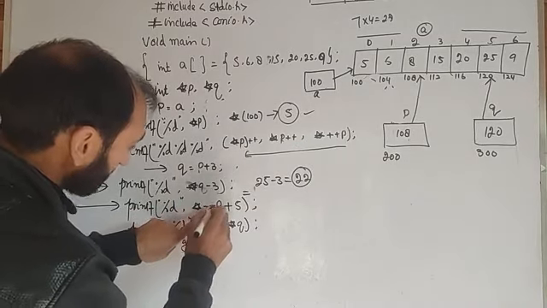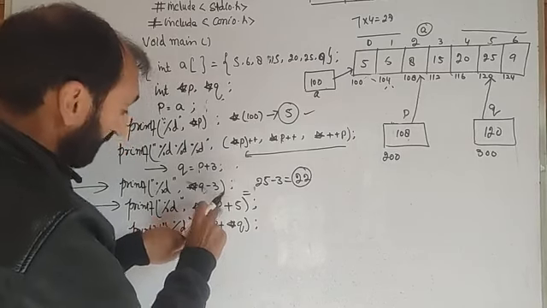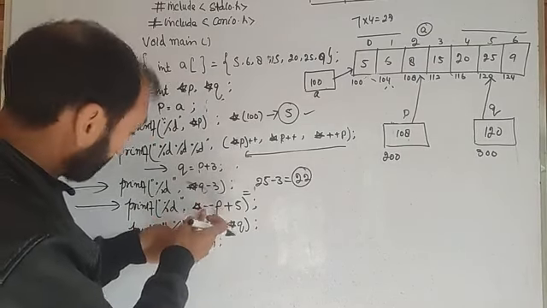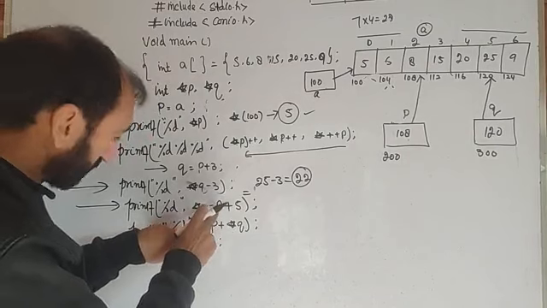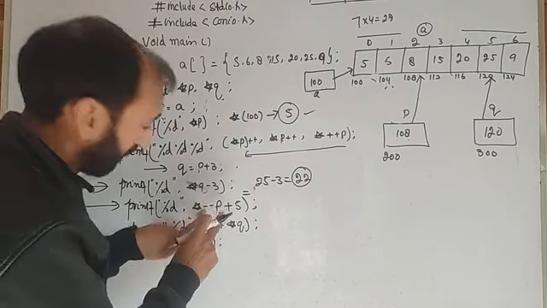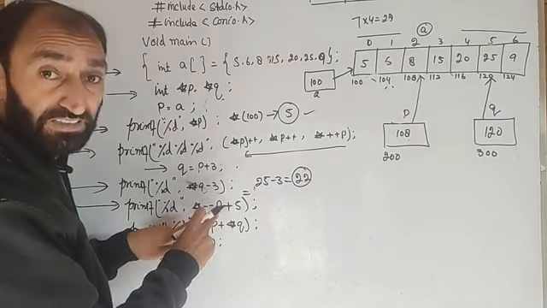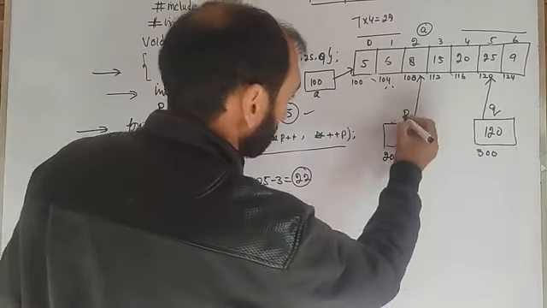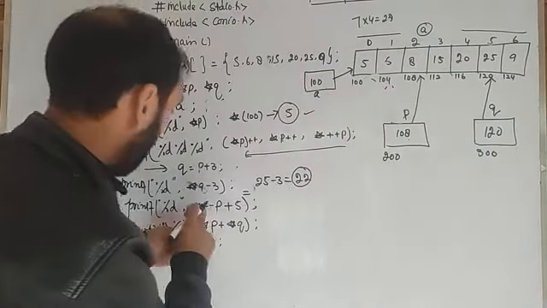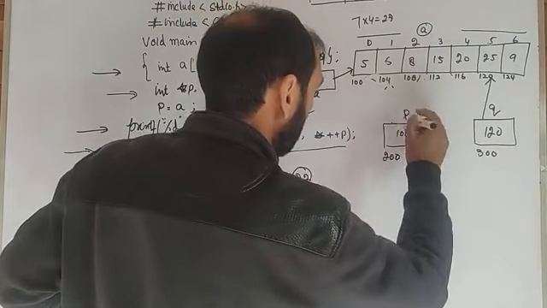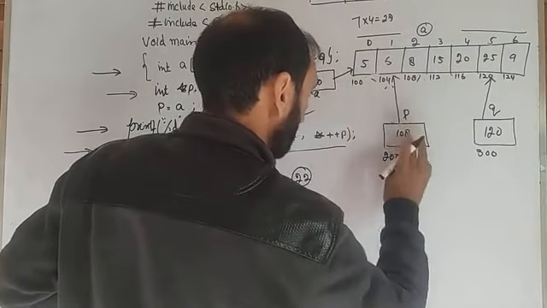First, minus minus p. That means first this pointer variable will get decremented. What is p? p is 108. Decremented by 1, it will point to 104.